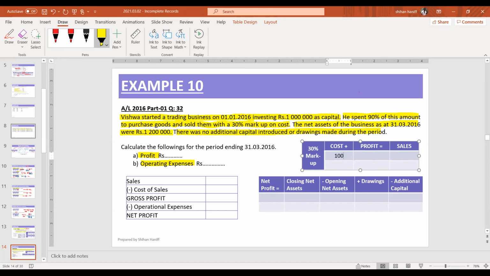If the cost is 100, profit is 30, sales is 130. That's the rate. Then the cost is 900,000. Since the cost is 900,000, the profit will be 900,000 divided by 100 multiplied by 30, which is 270,000. Profit is 270,000.